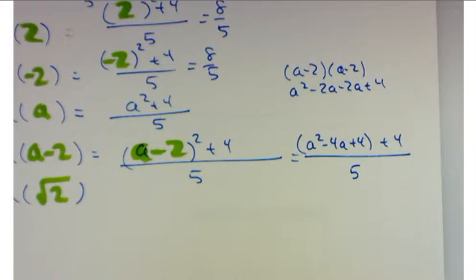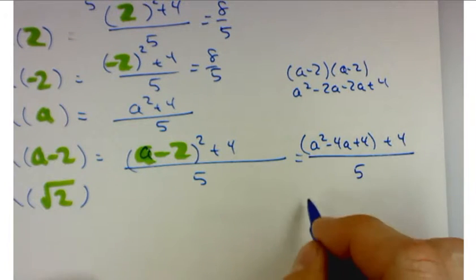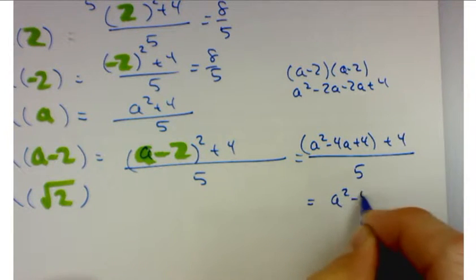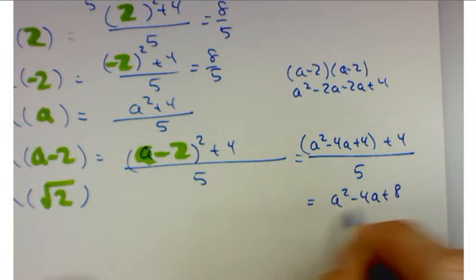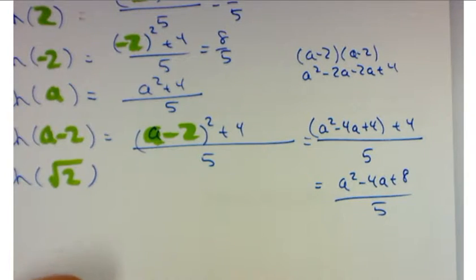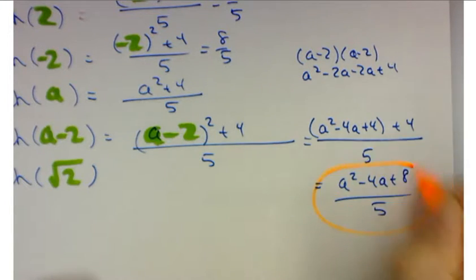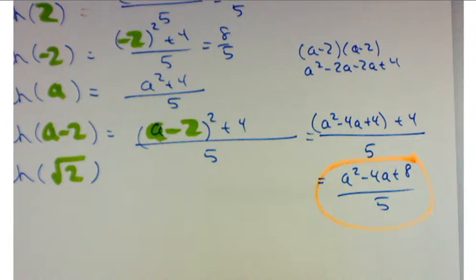And that one simplifies a little bit more. The 4 and the 4 can add together. I get a squared minus 4a plus 8 over 5. So that's my final answer for h of a minus 2.